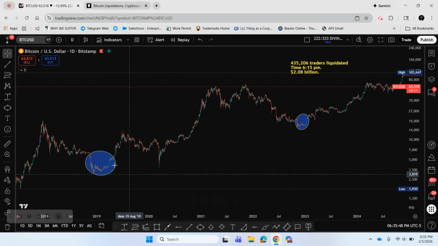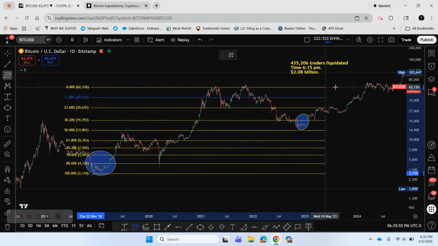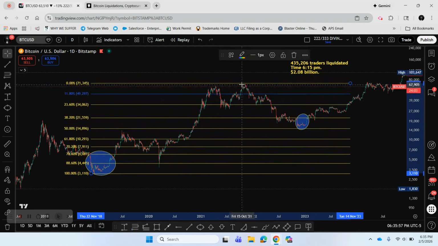It looks similar. So I'm gonna take my Fibonacci retracement tool, take from the bottom here, and go all the way up to the top. I'm stopping right here. You see how we come down. Now we don't get all the way to the 50%, but we get close. So that's just based off that.